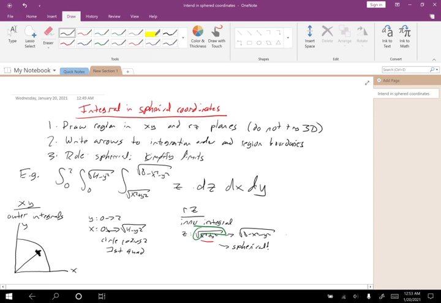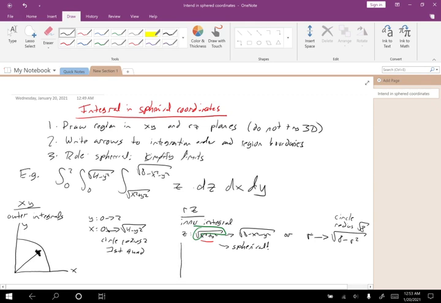So if you now place this in r, then the lower limit is r, the upper limit is the square root of 8 minus r squared. So really this is just the circle of radius square root of 8.